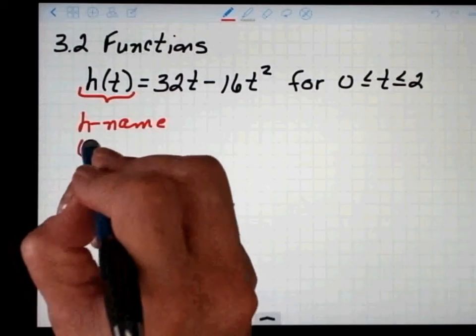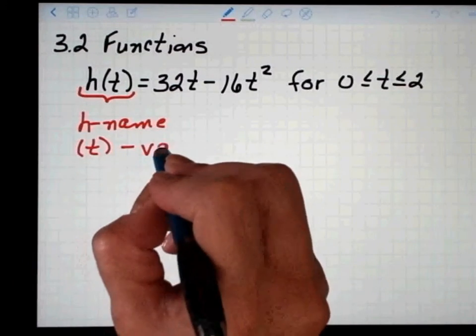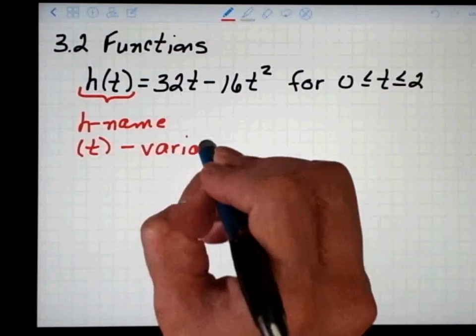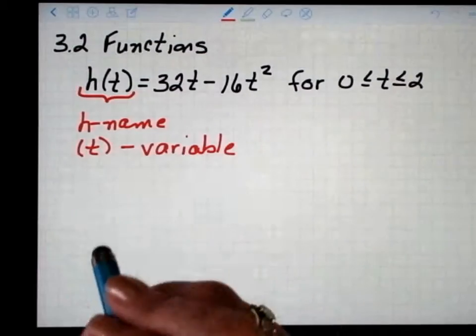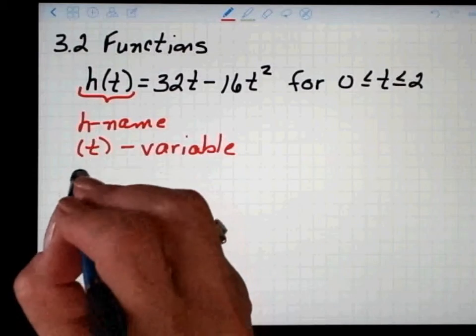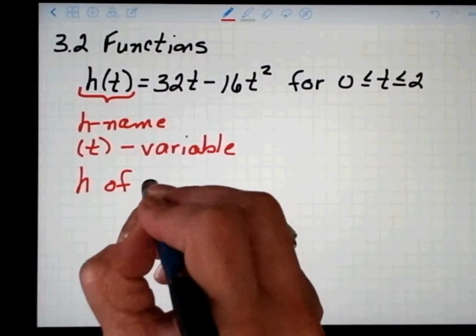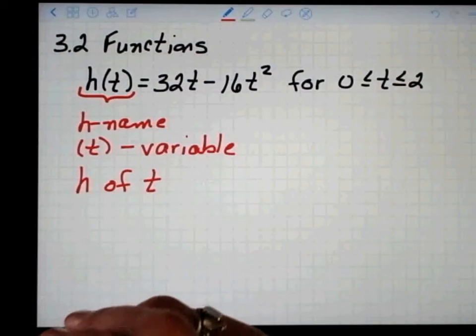Now the next part, the parentheses t, indicates what the variable is. So this does not mean h times t. This means h of t.